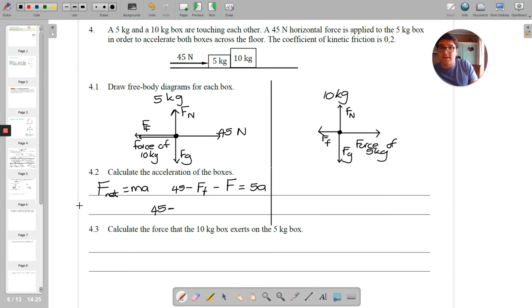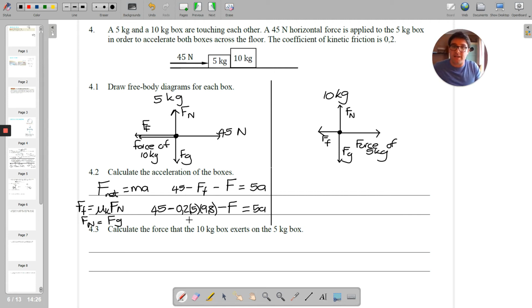So in this case, the friction will just be the coefficient of friction times the normal force, and the normal force in this problem is equal to the weight. So this then just becomes 0.2 times 5 times 9.8 minus this force F, which is the force of the 10 kg, which I don't know the magnitude of, is 5a.